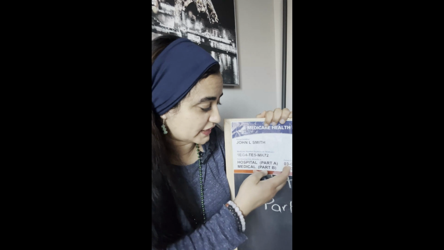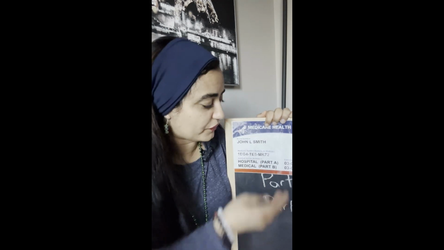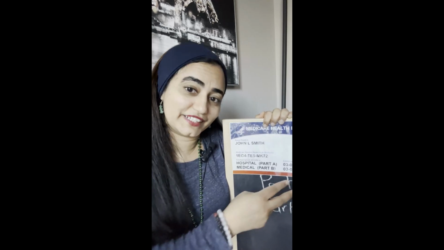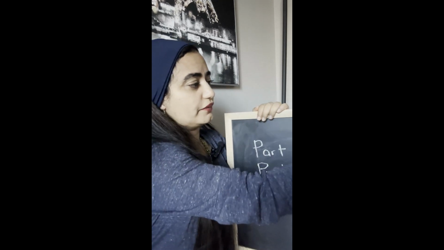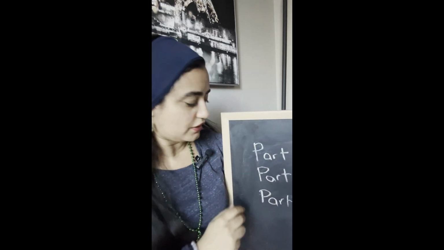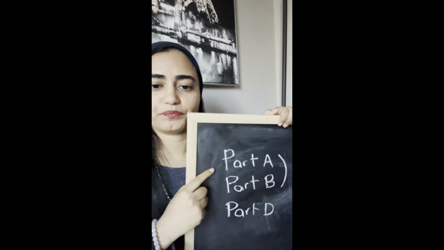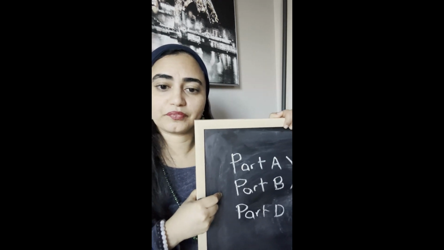For example, here it says 3/1/2016, 3/1/2016, and that is because most people get Part A and B at the same time. They qualify for them at the same time. However, for some people the dates are different. They get one part and leave one part out, and then they get the second part, and the dates do not match sometimes.